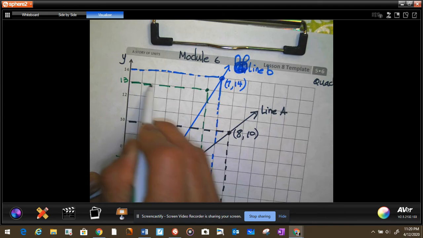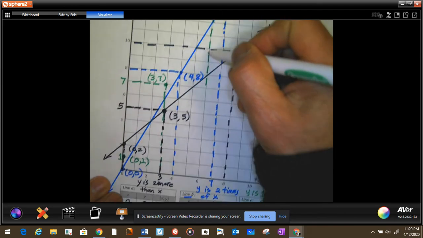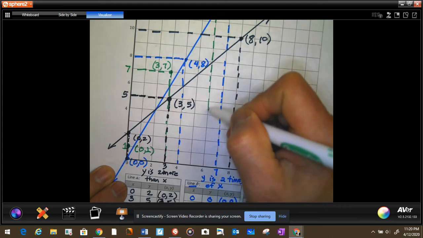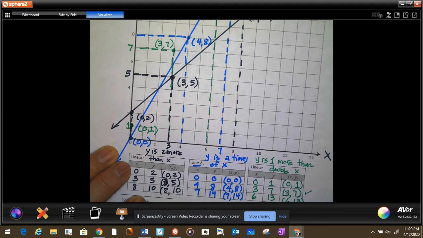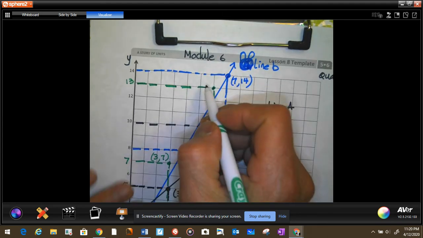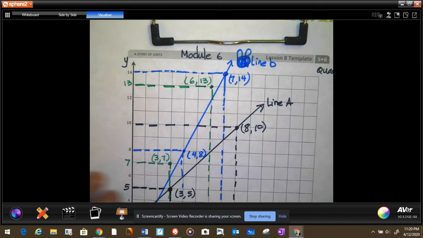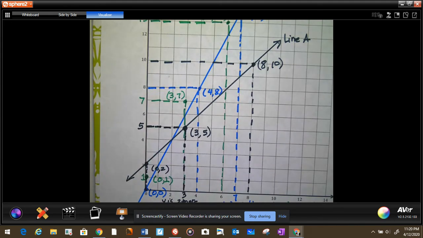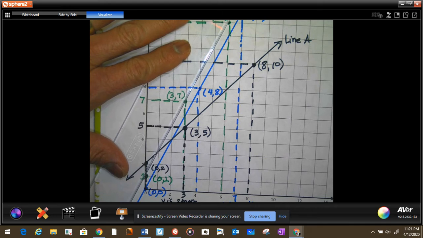And now we're going down to where the number began, which is 6, because that was our coordinate pair. So we're going to label it 6, 13. That's the point. And now we're going to create the line connecting those dots. Remember, those points were created by following a rule, and that's how you get the line.